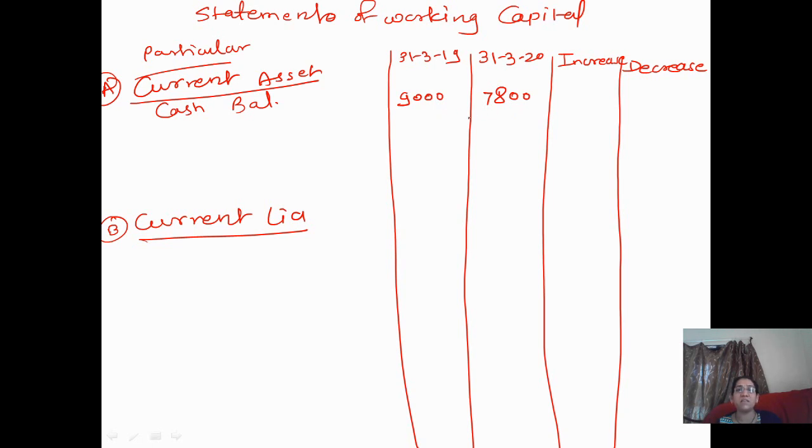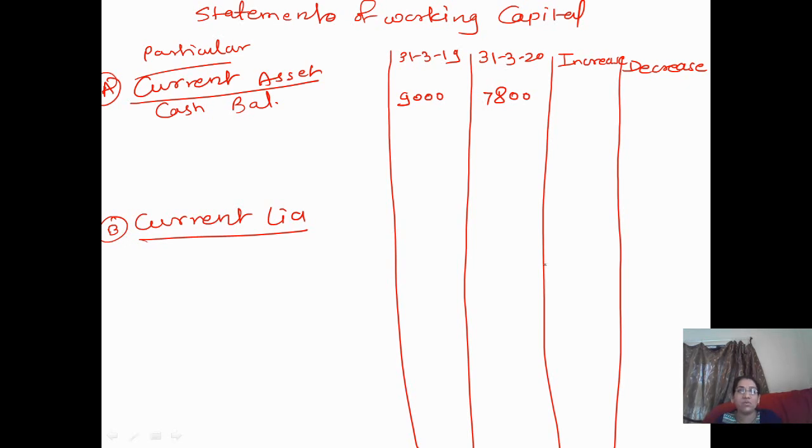So what is the difference between that? The difference was 1,200. In the last year, cash amount was 9,000 and in the current year, amount was 7,800. Does the asset increase or decrease compared to the last year? In the current year, our asset has decreased.